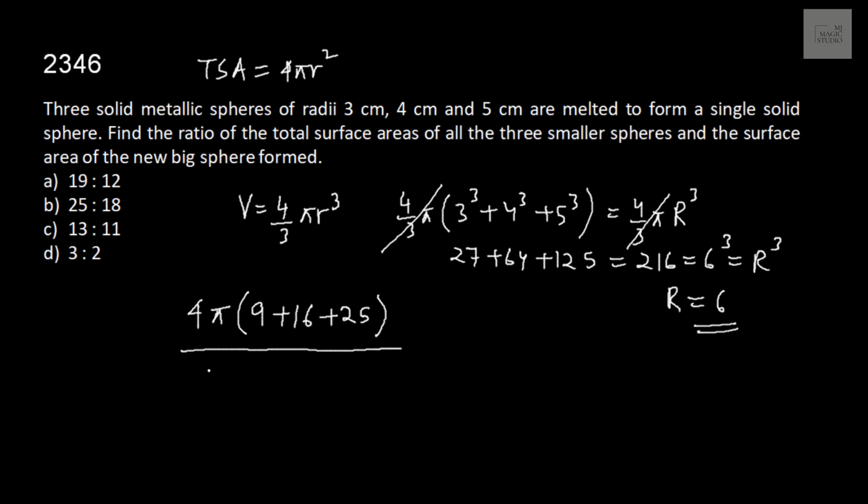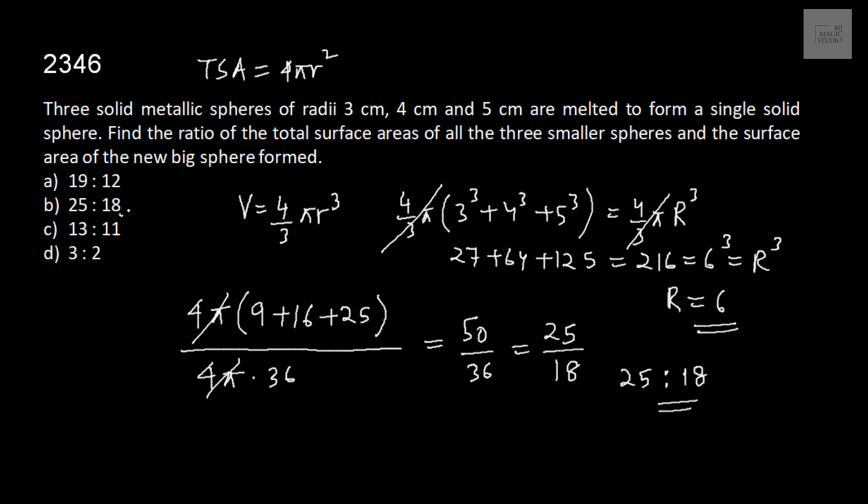We need to find the ratio. Divided by 4 pi, r here is 6, that will be 36. So the ratio we are looking for is 50 by 36. Both are divisible by 2. 25 by 18. So the ratio we are looking for is 25 is to 18, and yes, that is in option B.